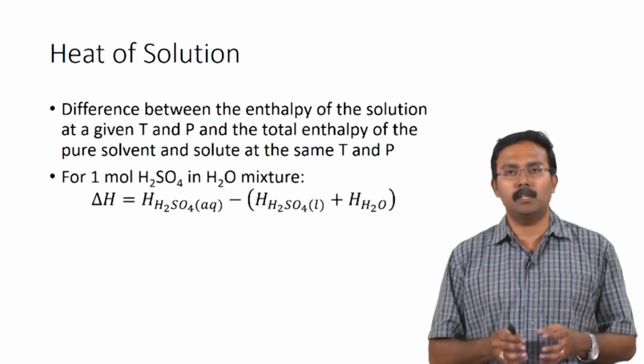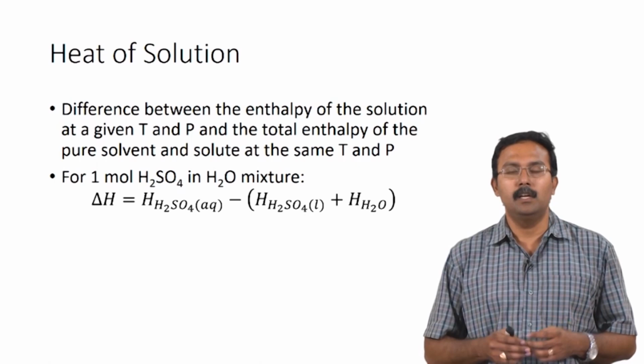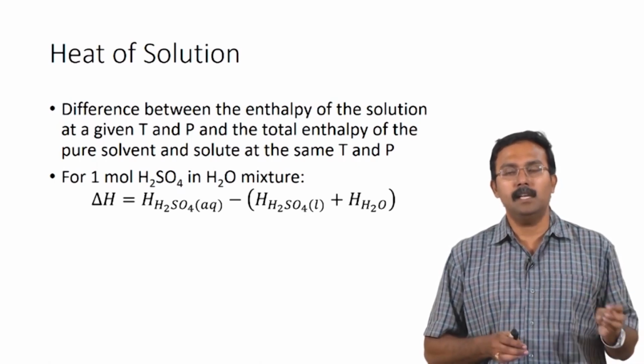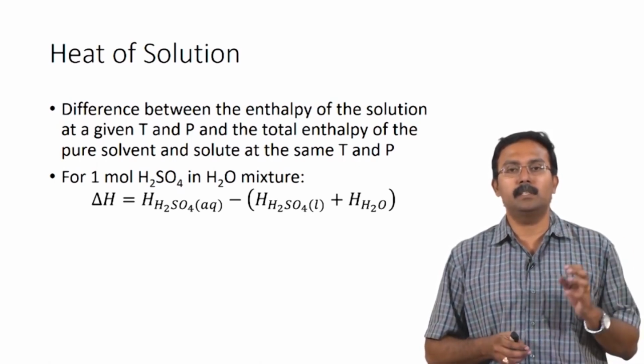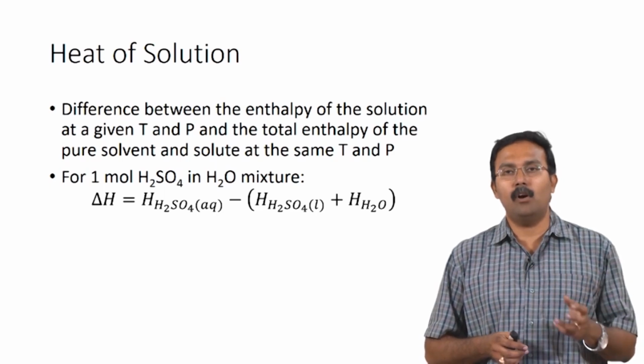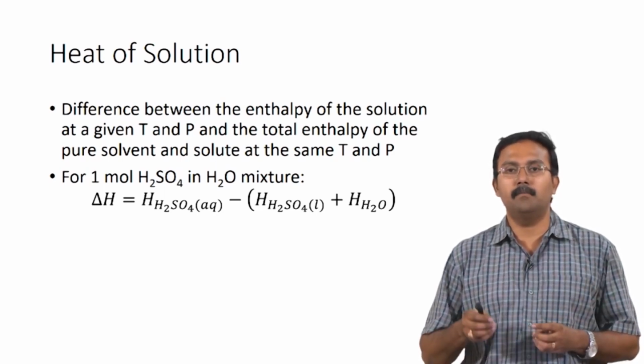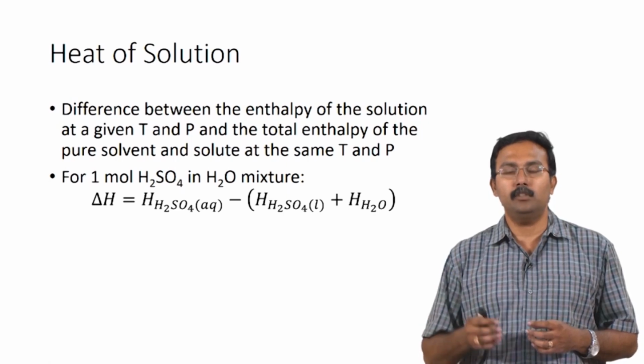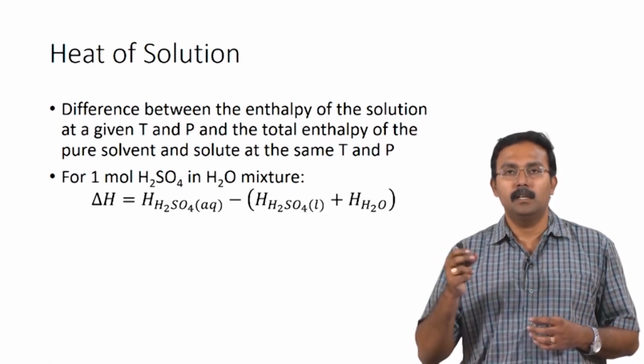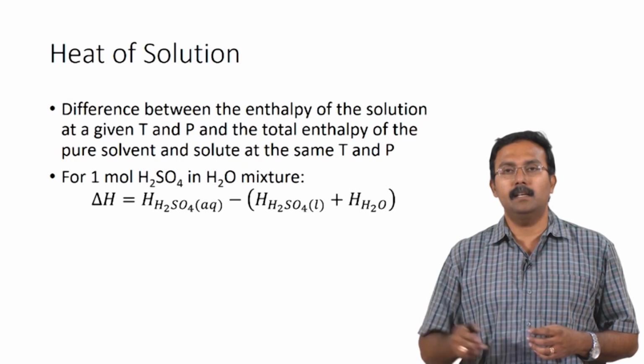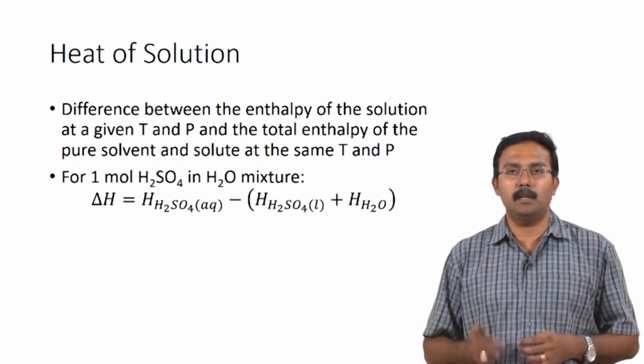For 1 mole of sulfuric acid in water mixture, the change in enthalpy, which is the heat of solution, can be given as the enthalpy of the aqueous sulfuric acid minus the summation of the enthalpy of liquid sulfuric acid and enthalpy of water at that particular temperature and pressure.